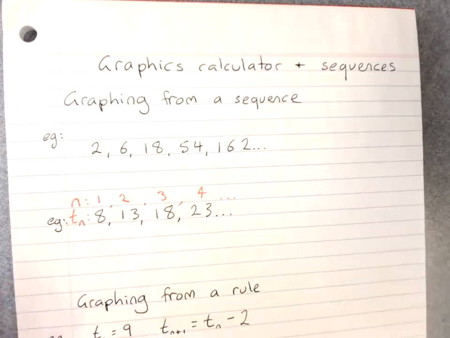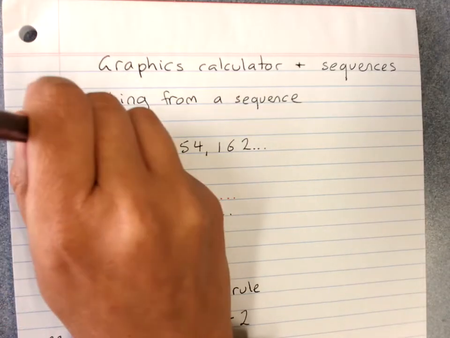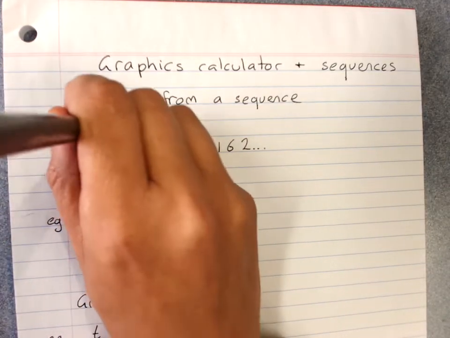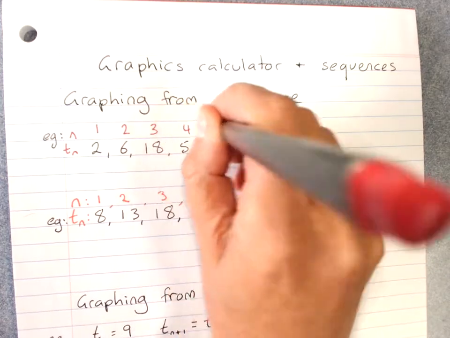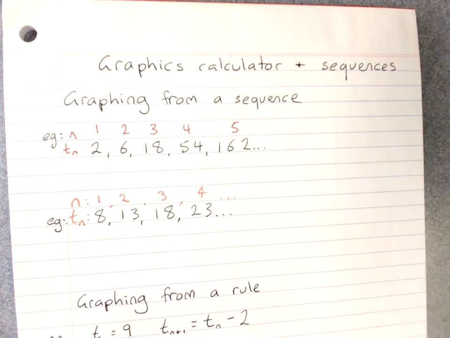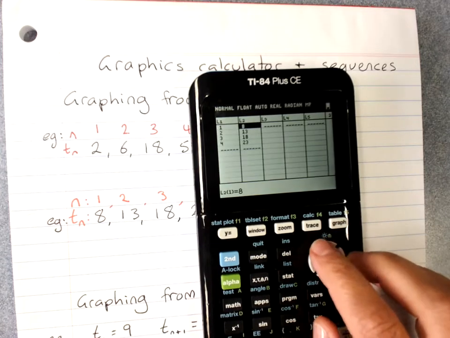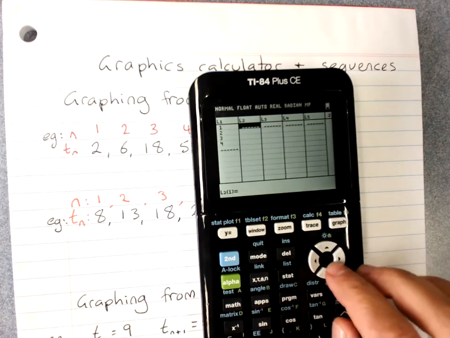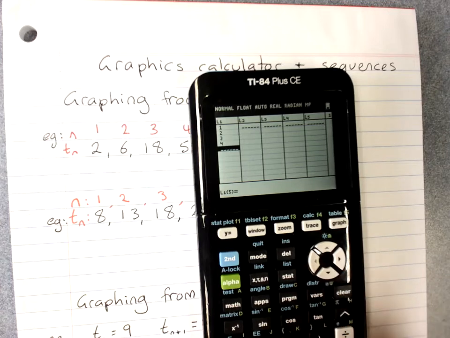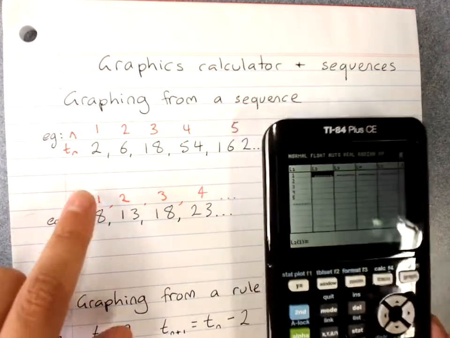This one here, put in n and tn, go back to your graphics calculator, stat edit, make sure we've got all our data in.